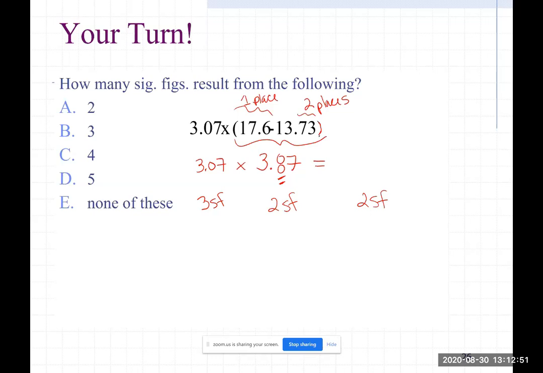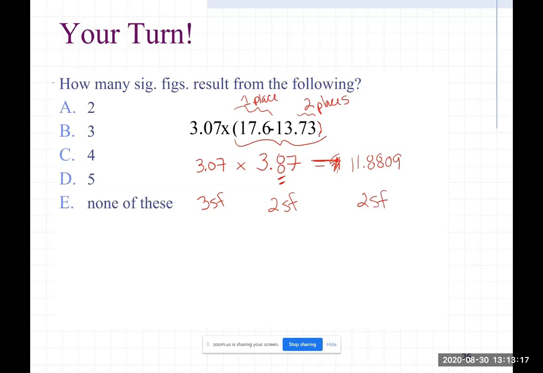So I have 3.87, and I'm going to multiply that by 3.07, and that gives me 11.8809. Okay, I'm just scribbling that out because I put a line through it for some reason.